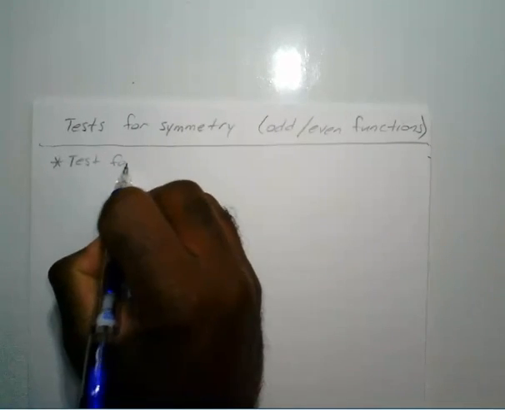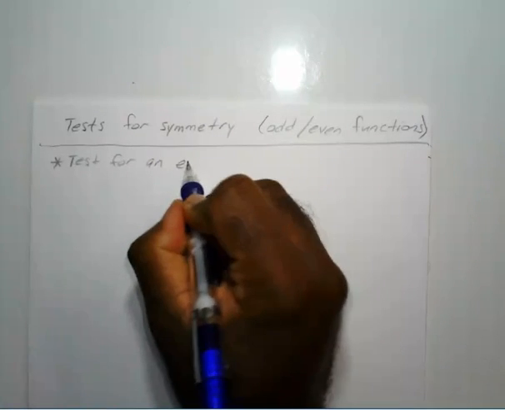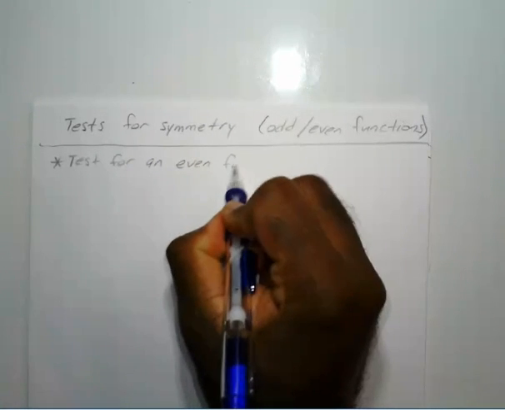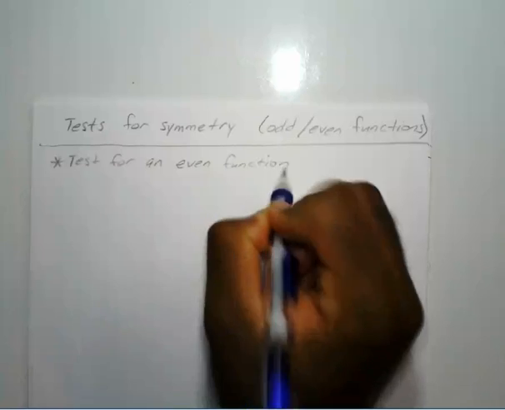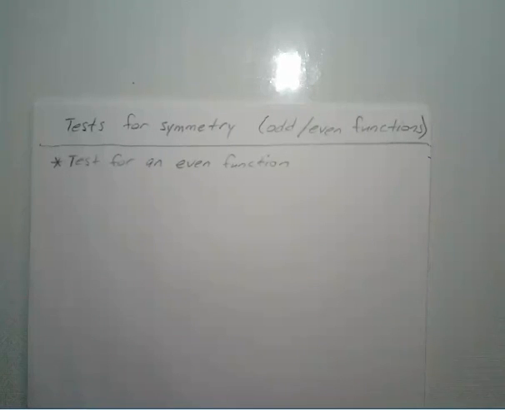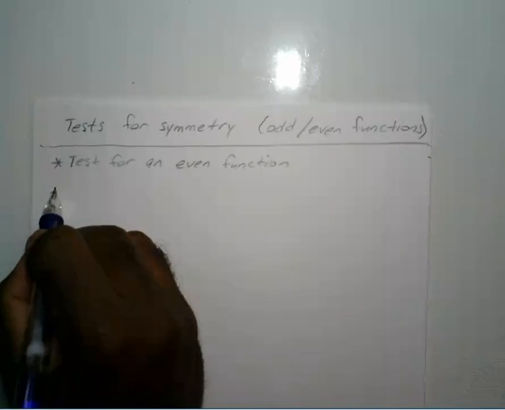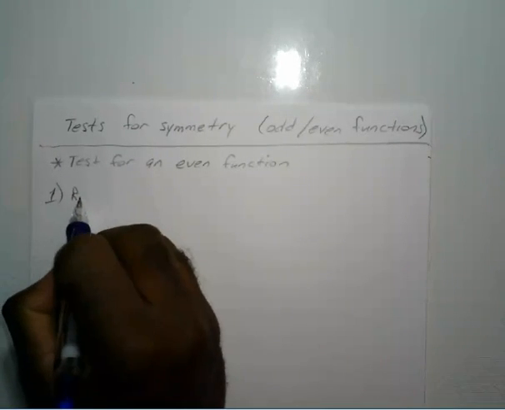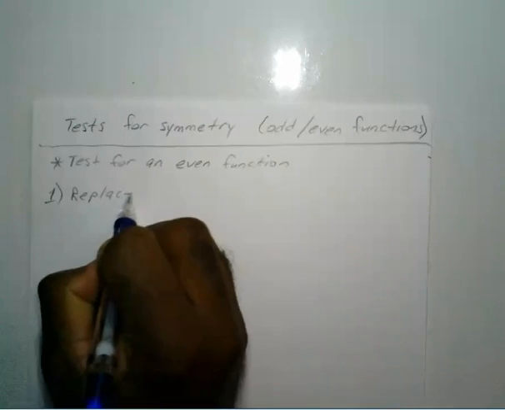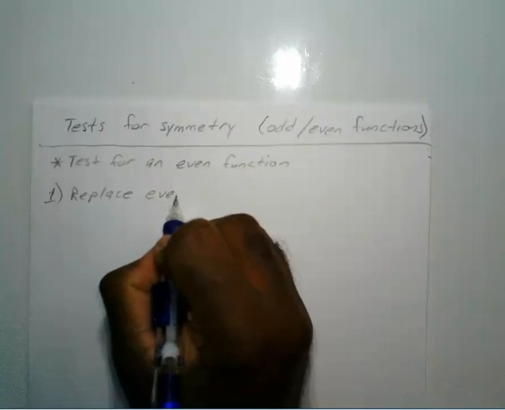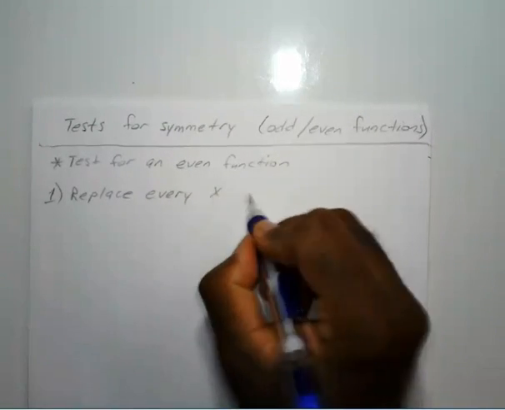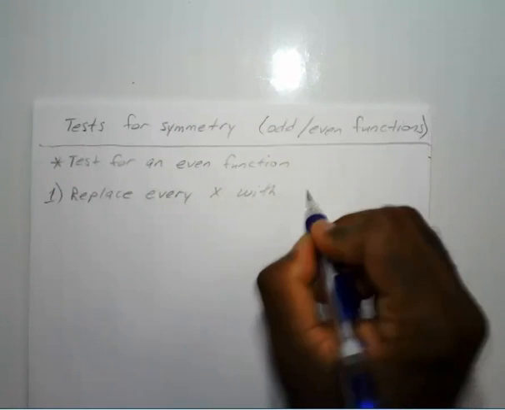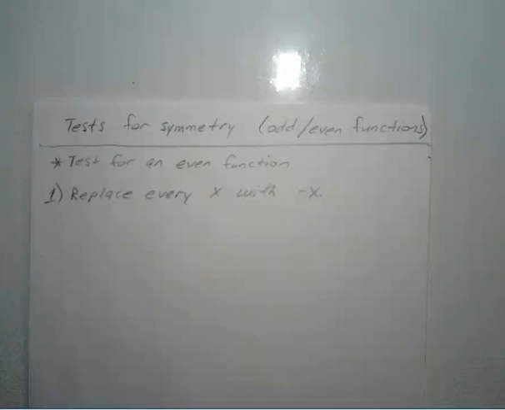Test for an even function. Now, for the test for an even function, you have two steps. Your first step is you're going to replace every x with negative x.